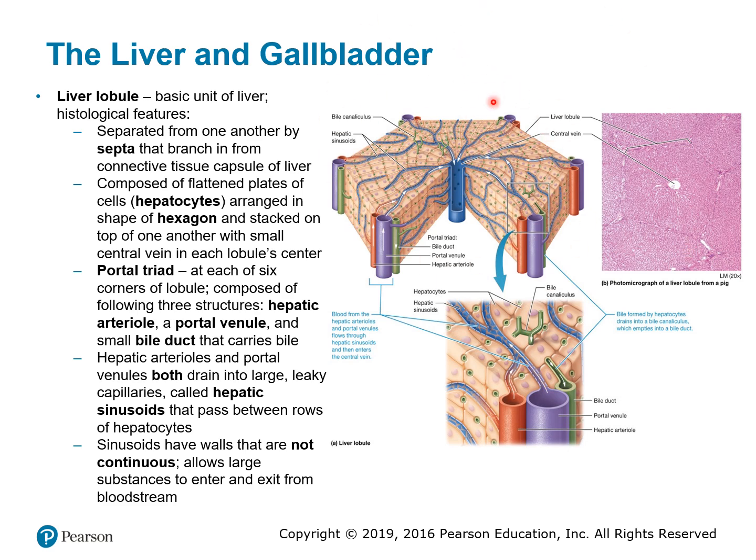It looks like it is studded with a lot of vessels. These histological features are going to be separated from one another by the septum, which is a connective tissue capsule of the liver, and it is composed of cells that look like flattened plates, which we're going to call hepatocytes. So each of these little segments that you see here represents a cell, which is a hepatocyte.